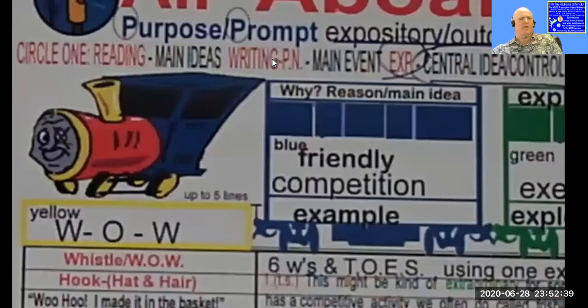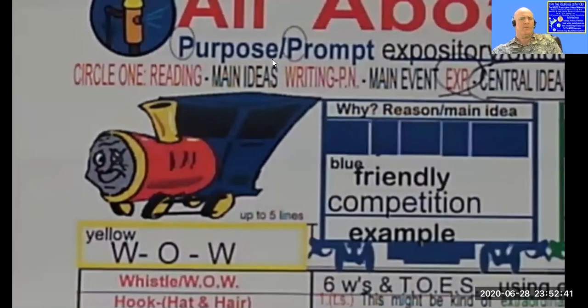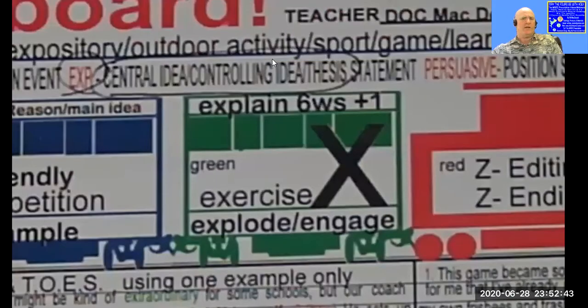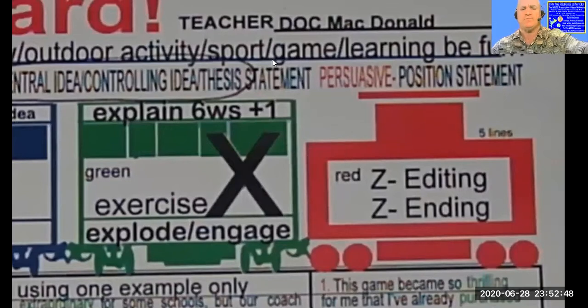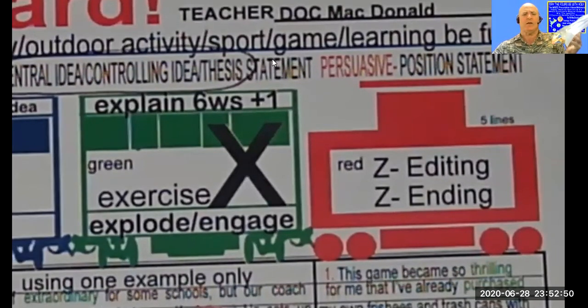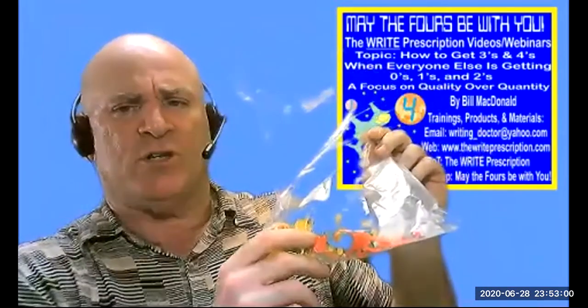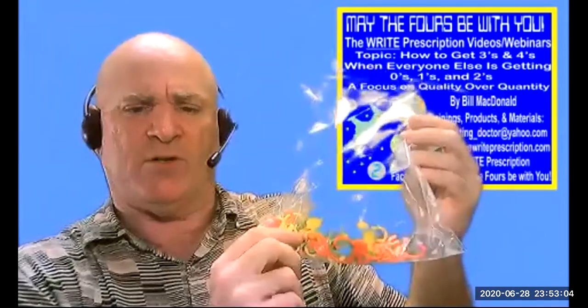And so the yellow, the blue, the green, and the red are just used because of this reason right here. I had shown you in several videos, and especially on the one, how to get 3s and 4s, I suggest that any of you that haven't purchased that one, that you watch that to get a good foundation of what we're talking about today.